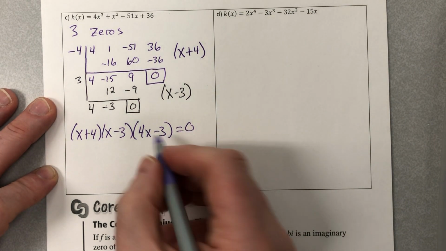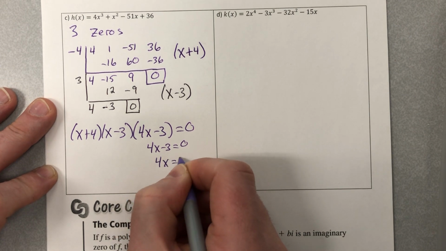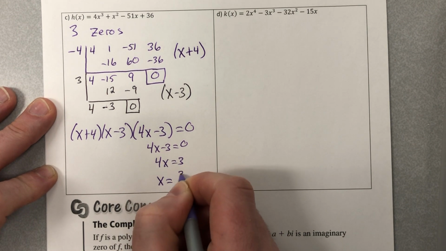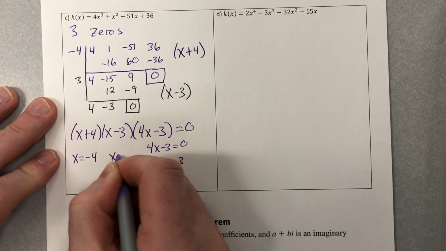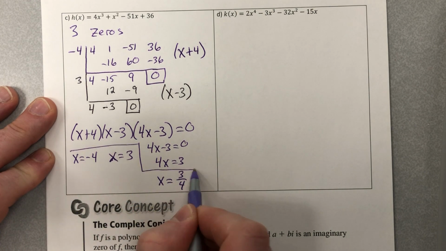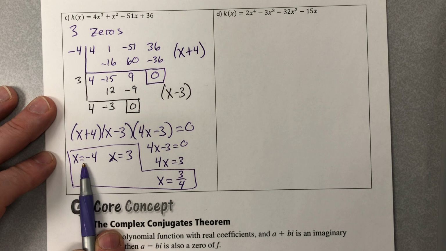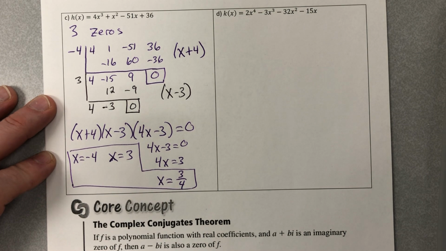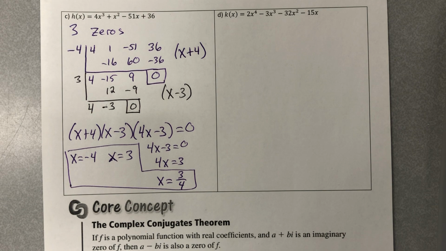All right, same thing here when we do 4X minus 3. We're just going to solve this one. So X should equal 3/4. This one's -4, and this one's positive 3. All right, we should have our 3 zeros, which we do, -4, 3, and 3/4. Okay, so that one's nice. It didn't have any imaginary numbers for us to deal with.